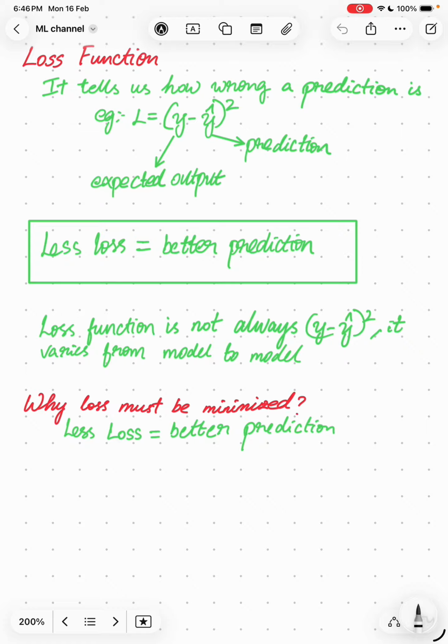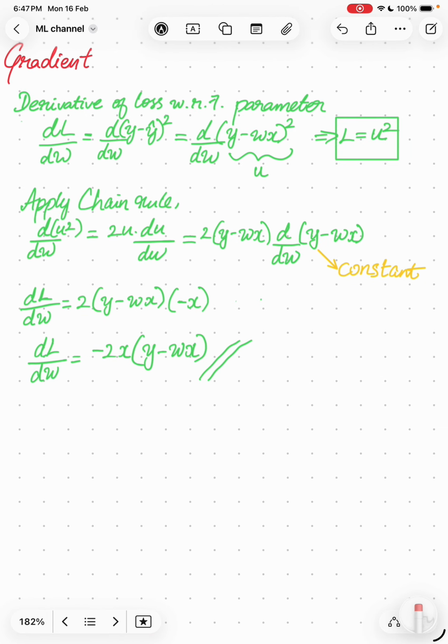And this loss has to be minimized because only when the loss is less does it mean that the model is predicting very close to the expected value, which is a better prediction. So this is very important, guys. Things are getting serious from now on. We will learn what a gradient is.